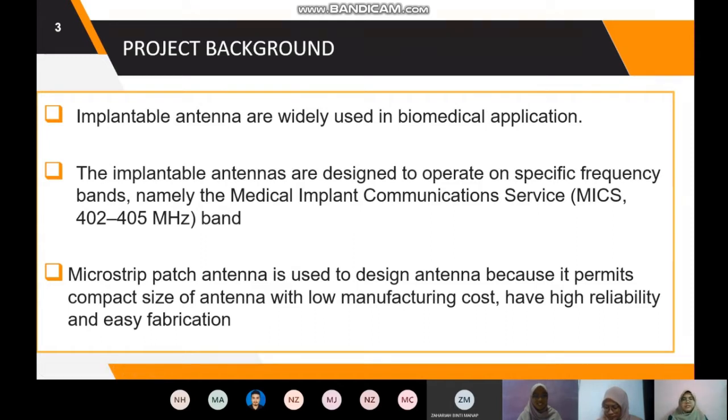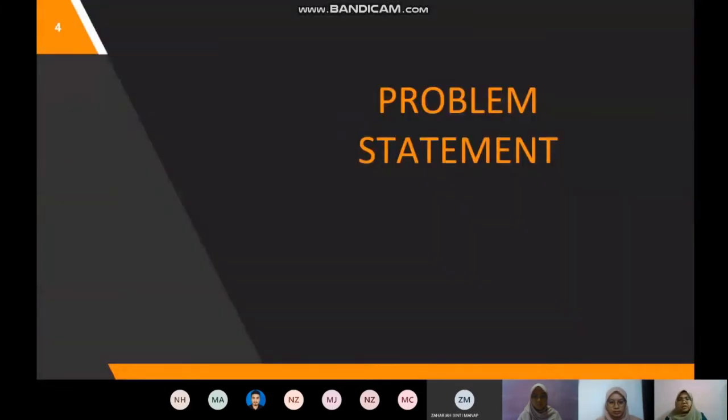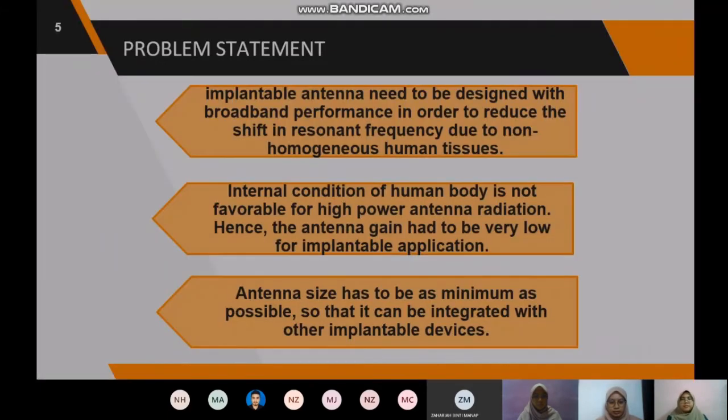The size must be small for the comfort of the patient. If it's big, then the patient will feel uncomfortable.